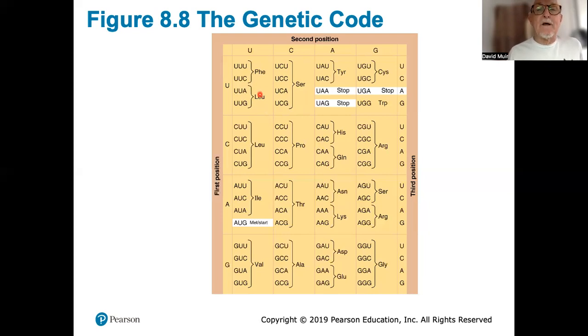Phenylalanine only has these 2 here. Leucine has 6: 1, 2, 3, 4, 5, 6. And so that is what we mean by saying that this code is degenerate or redundant. A single amino acid may have many different codons that code for it.